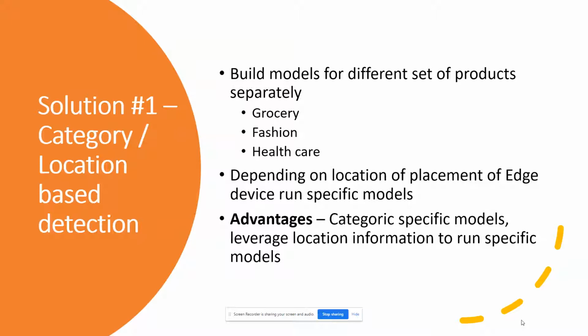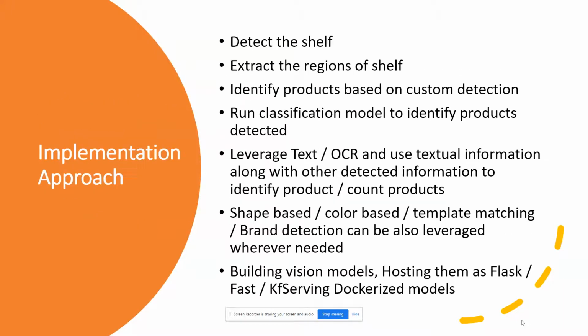The advantage is that we can build category specific models, and leverage the planogram to understand what type of products are there and what category specific models we need to run. And yes, there will be edge as well as server based operations. We could look at what we can do on the edge and what we can do on the server.